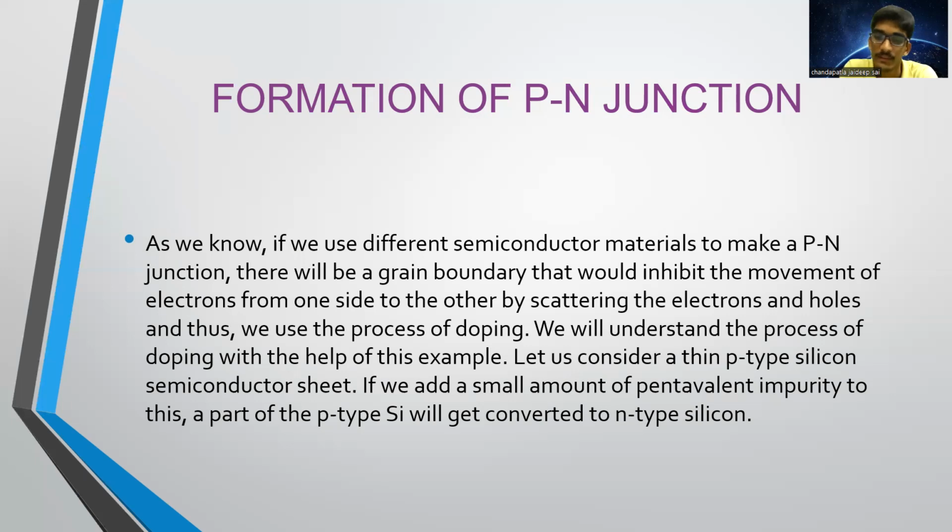So to the p-type semiconductor, we are adding the pentavalent impurity, and a part of the p-type silicon will be converted into n-type silicon.